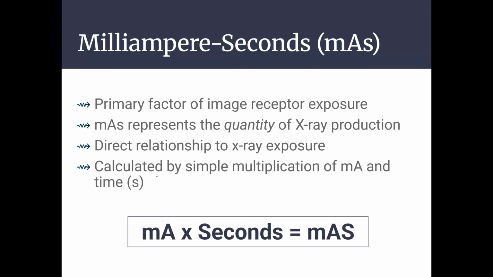And again, it's calculated by the simple multiplication of MA, milliampere, and time, which is measured in seconds. MA times seconds gives you mass. That's a key concept that we will utilize all throughout radiology. Whenever somebody asks you your technique, they're going to say, what's your kVp and what's your mass?